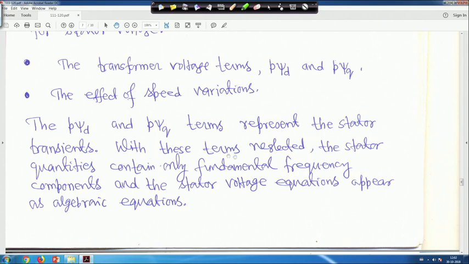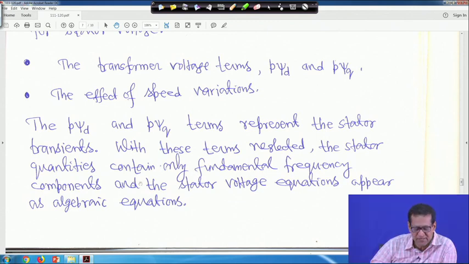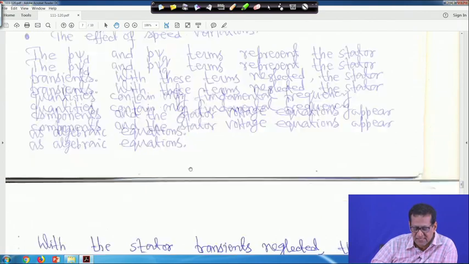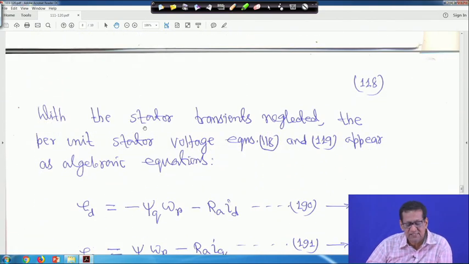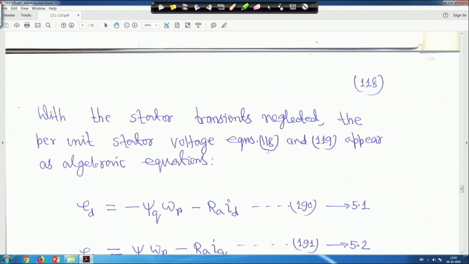With these terms neglected, the stator quantities contain only fundamental frequency components and the stator voltage equations appear as algebraic equations. That means, with the stator transients neglected, the per unit stator voltage equations 118 and 119 appear as algebraic equations. So, the P psi d and P psi q terms will be dropped in equations 118 and 119.